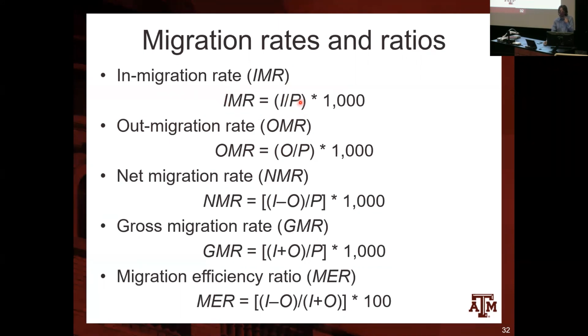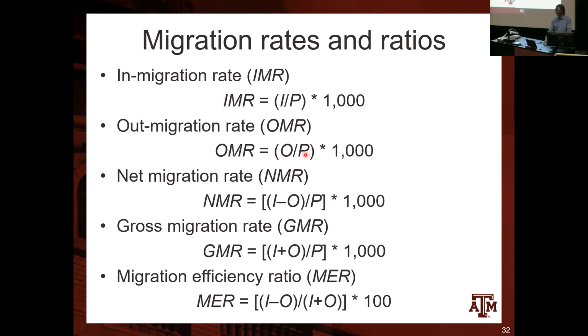But this rate here is easier to estimate, because I just go to that specific area, count how many people entered there in the last year, divided by the population of that area. It's easier. This one is more difficult, because I have to be in a specific area where people left.